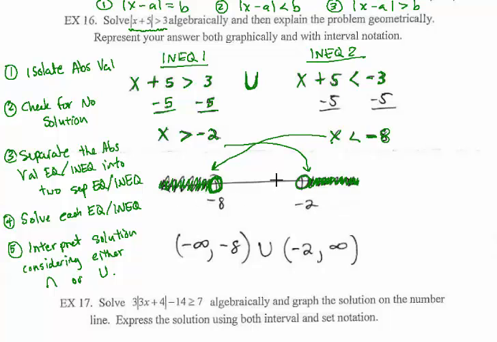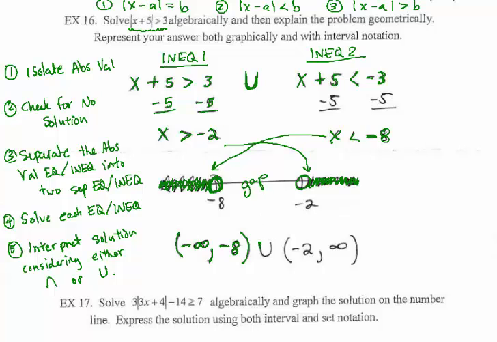If we were to write this in interval notation, we would start at negative infinity because we shaded all the way to the end of the number line to the arrow. So that represents negative infinity. Everything is shaded up until we get to negative 8. We close our parentheses because there is a gap.